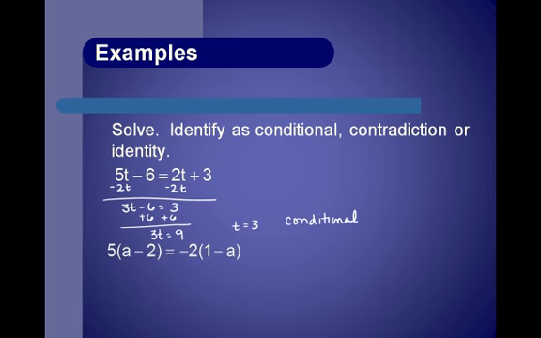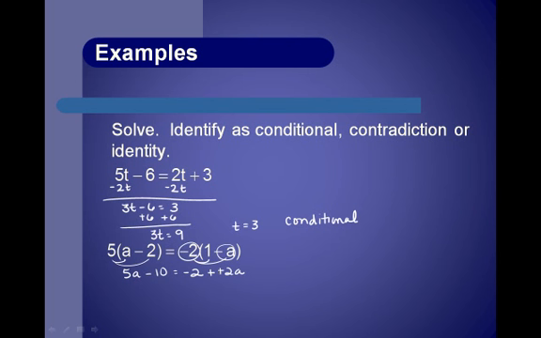Now this one has parentheses on both sides, but we're going to do exactly the same thing. Distribute the 5 on this side, so we get 5a minus 10. Then on this side we're going to distribute the negative 2, so we'd get negative 2 minus negative 2a, or remember you could look at this and say negative 2 times a negative a, which is plus a positive 2a.